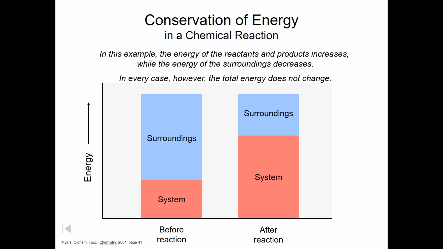So we have some of the energy from the surroundings going into the system, causing the energy in the system to increase. However, total energy does not change. So would this be endothermic or exothermic? It would be endo because energy is going from the surroundings into the system.